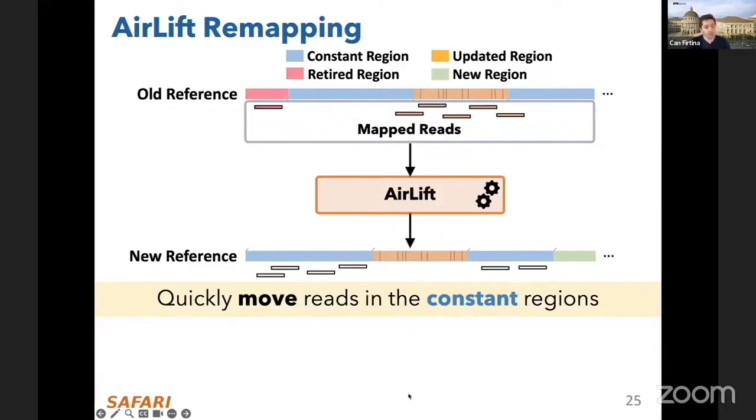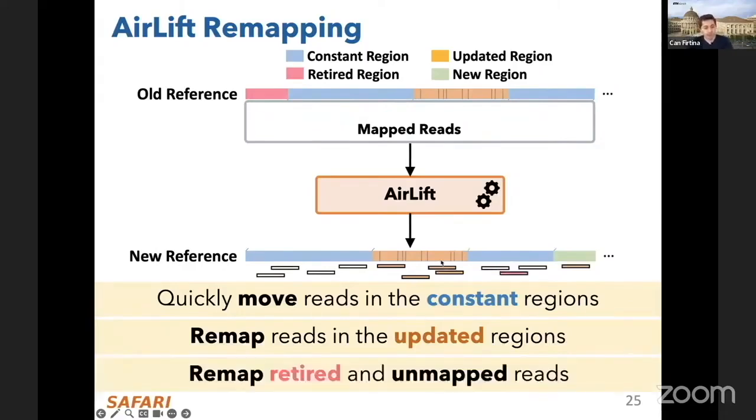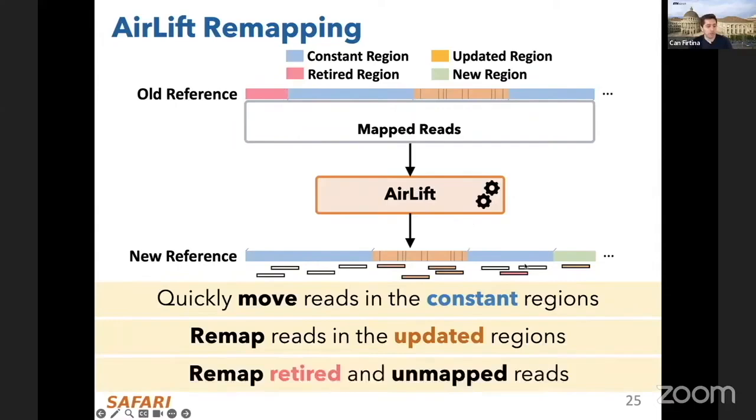and what we then do is that we remap the reads in the updated regions. So those reads could be again mapped to the same or similar regions, or they could be mapped to the new region, or they could be again mapped to the updated region but some other position in the updated region. And then last, what we do is that we remap the reads in the retyped region to the new reference genome, so that we again give them a second chance to be remapped in the new reference genome.